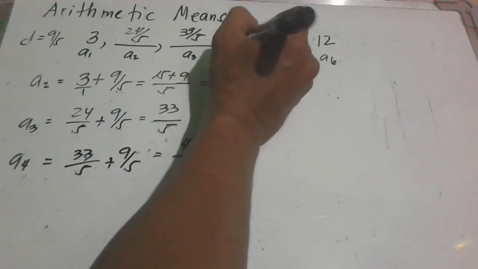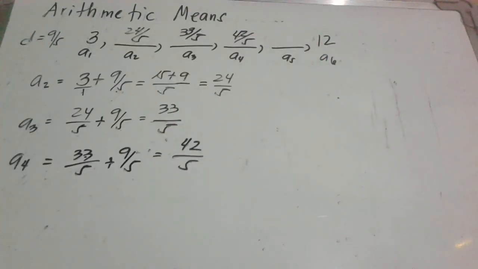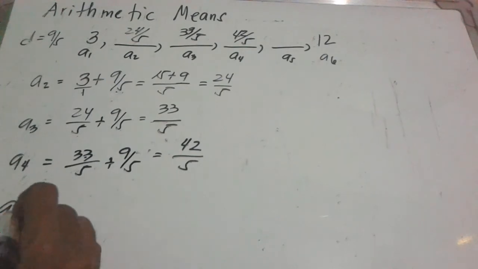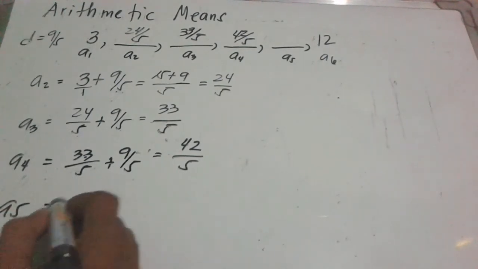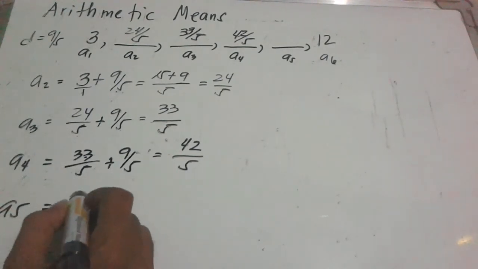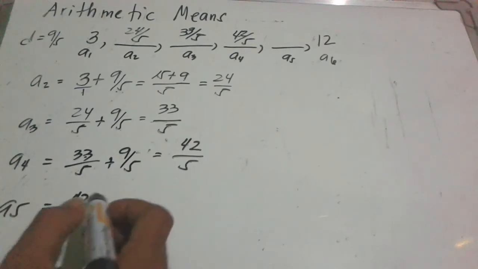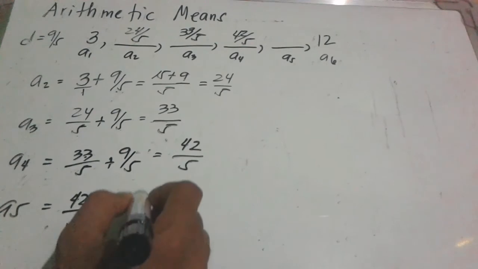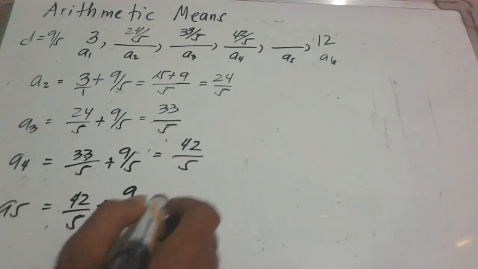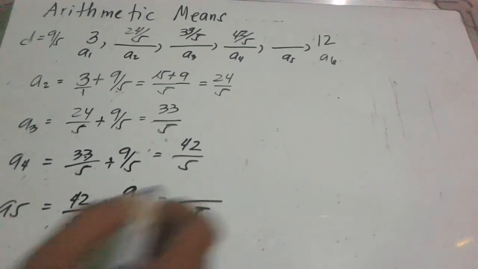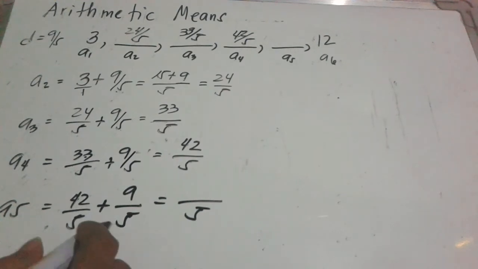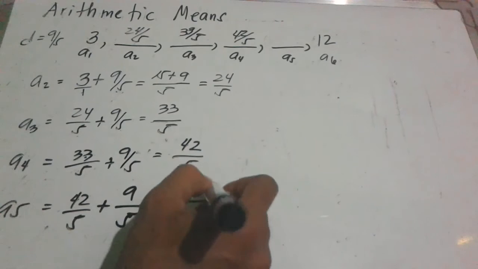Next, last one, a sub 5. Our a sub 4 is 42 over 5, plus the common difference, 9 over 5. Copy the denominator since they are the same. 42 plus 9 is 51.